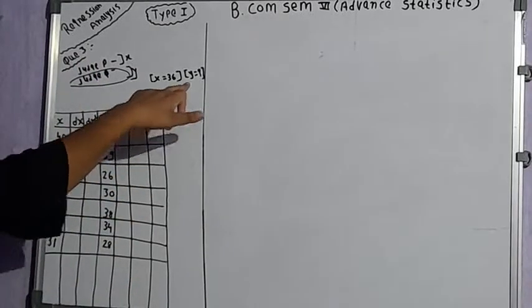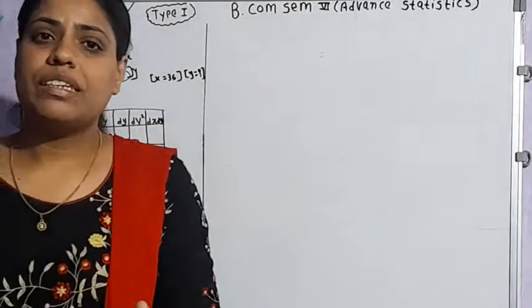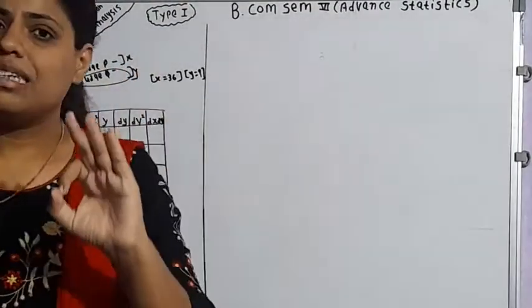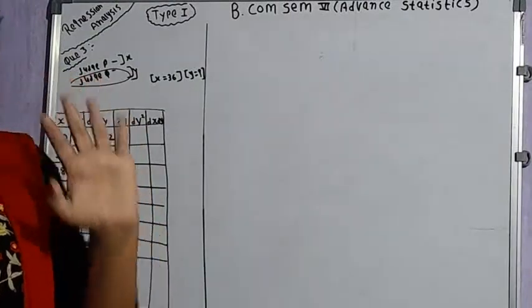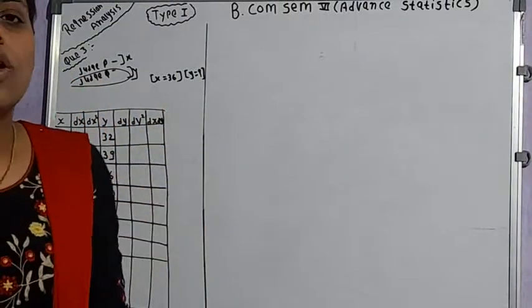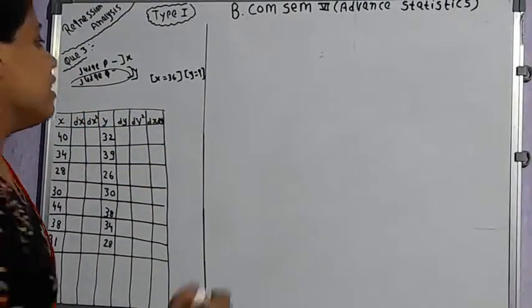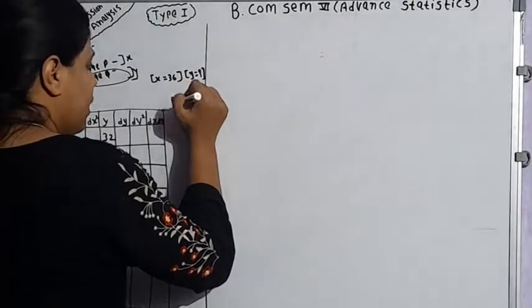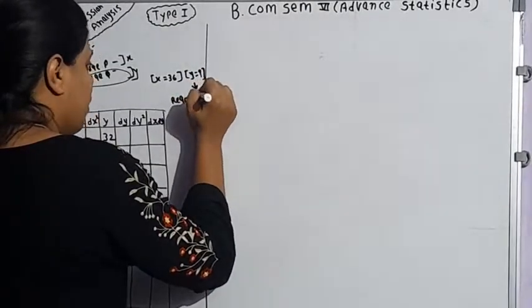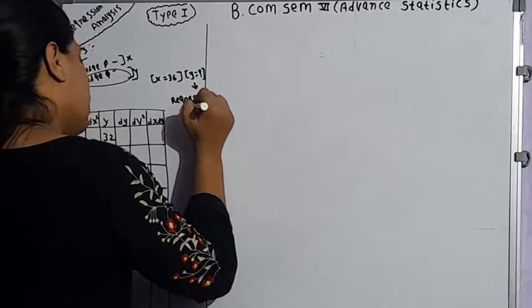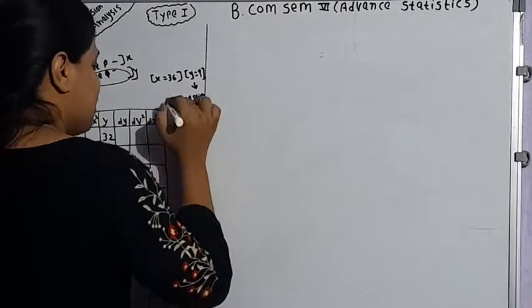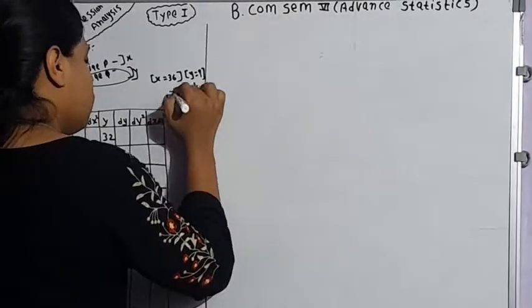Basically we have to find out the most estimated value of y, and when the most estimated value of y needs to be found out, what do we need? We need the regression equation of y on x. Okay, so this is the thing that we have to find out.